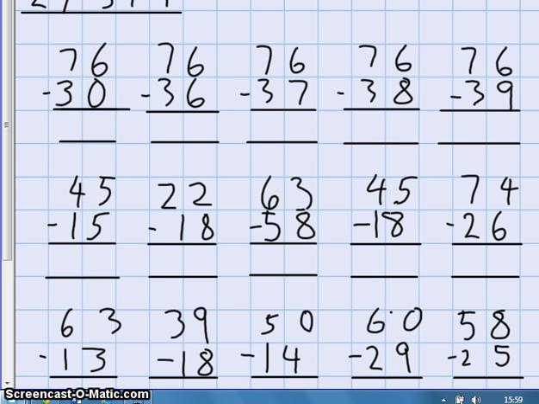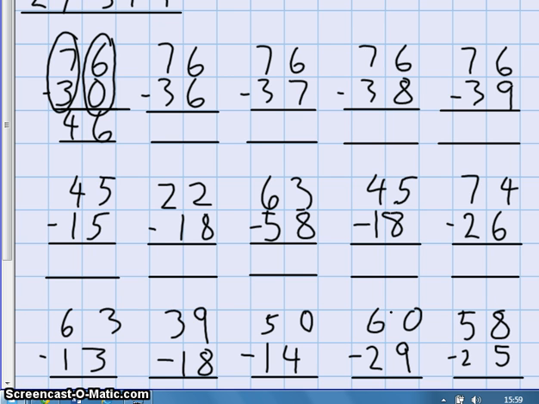Initially with subtraction, we began with single-digit subtraction, but I'm going to jump into double-digit subtraction right away. The first row here are examples of how we went from mental math to vertical subtraction and how they are linked. First of all, we can look at the units going together and the tens going together as well. It then becomes straightforward single-digit subtraction. 6 take away 0 is 6, 7 take away 3 is 4.